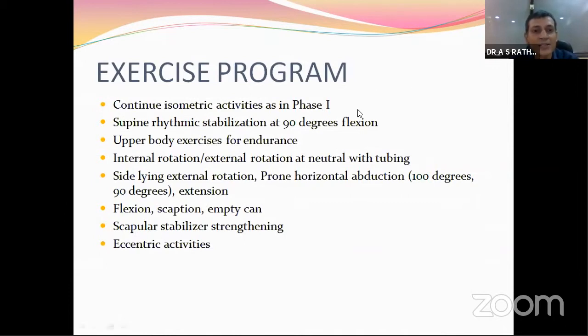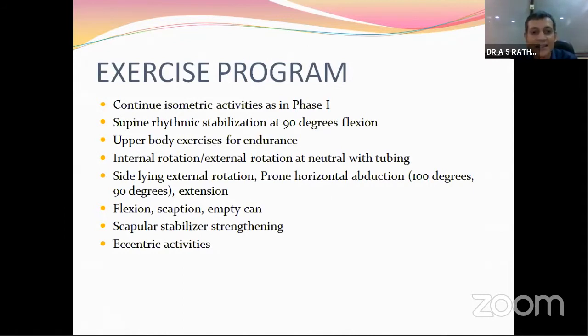We are also doing some isometric exercises as in phase 1, and supine rhythmic stabilization at 90 degree flexion. We are also considering upper body exercises for endurance, and sidelying external rotation and prone horizontal abduction we are starting at this stage.